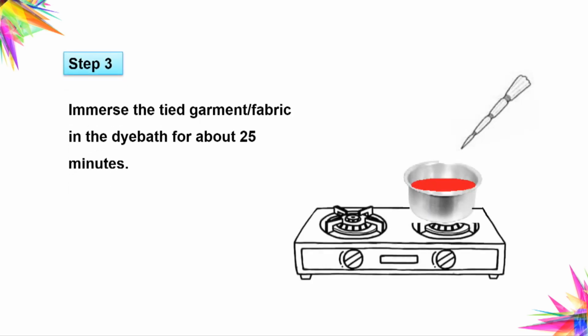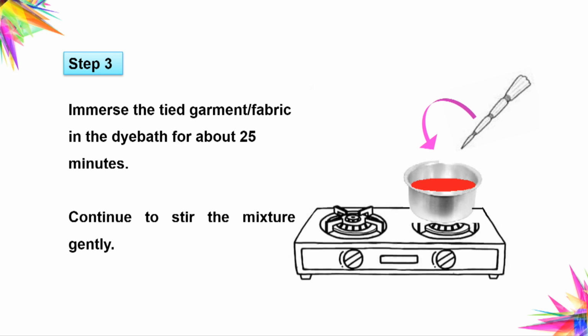Step 3. To ensure that the dye adheres well, the fabric or garment should be rinsed before it is immersed in the dye bath for about 25 minutes. Continue to stir the mixture gently.